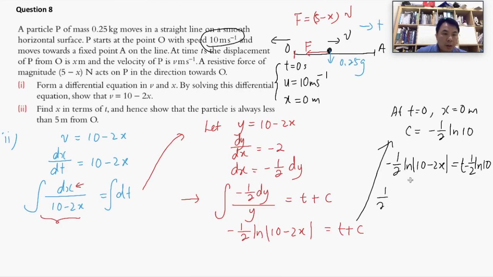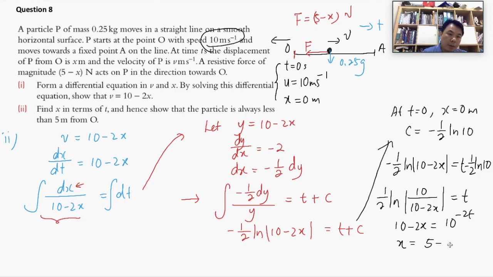Okay. And then as usual, we're going to combine these two together. We have half ln of 10 divided by 10 minus 2x equal to t, and then that will be 2t, and then that will be 10 minus 2x equal to 10 over e to the 2t, and then therefore x is equal to 5 minus half of 10 e to the negative 2t.